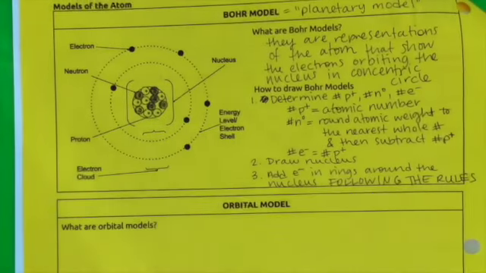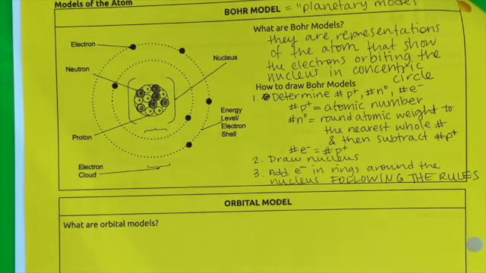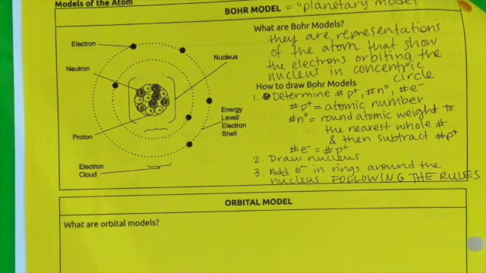Now, there are some very important rules that we need to remember. There are 2 of them. Rule number 1, each energy level can only hold a specific number of electrons. Rule number 2, fill the inside towards the outside. Every inner level has to be full before you add one to a higher level.